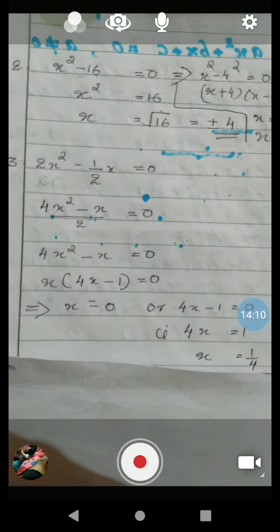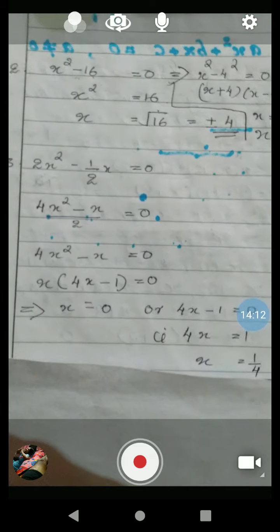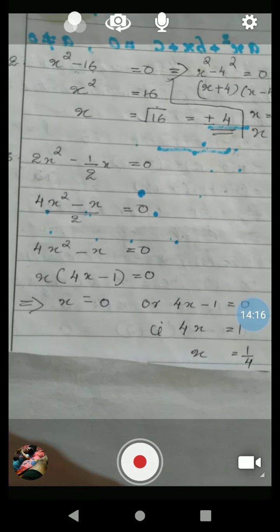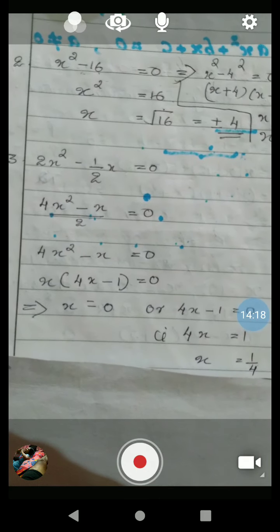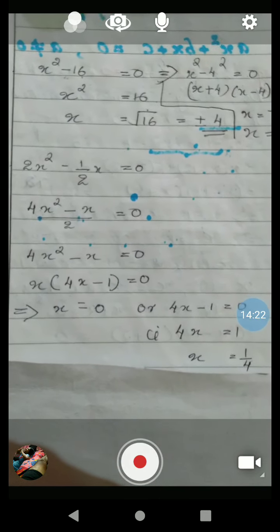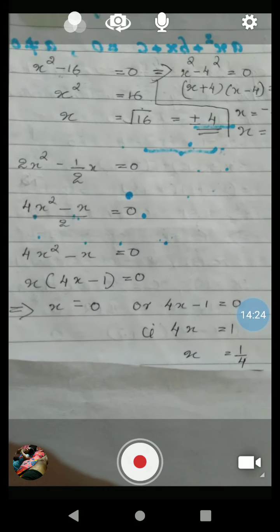And in the next class, we can study the nature of roots with the help of the discriminant, that is b square minus 4ac. Okay, today we can wind up our class. Thank you.